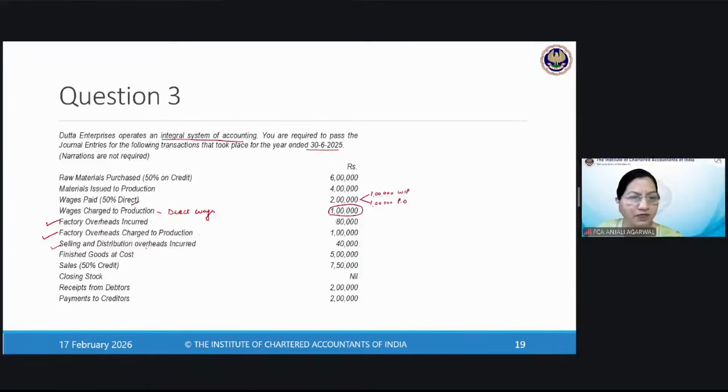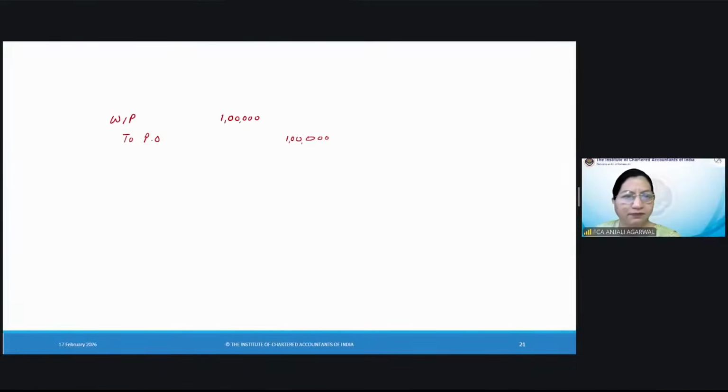Selling and distribution overheads incurred. The journal entry would be selling and distribution overheads debit to bank. As no recovery rate is given, we will transfer the selling and distribution to cost of sales account.